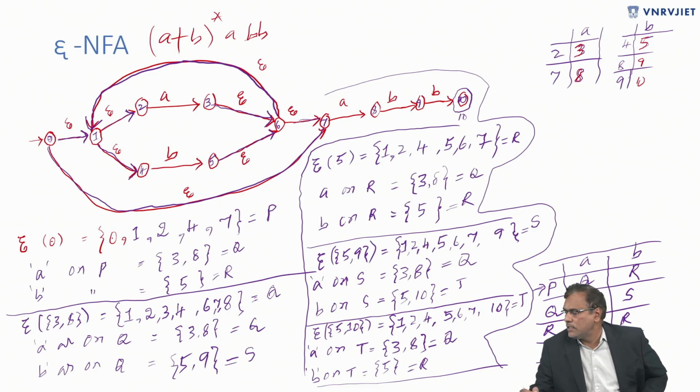Shall I draw that diagram? I know what the states are. Let me make it fast. This is P, the start state. P on A, where can you go?